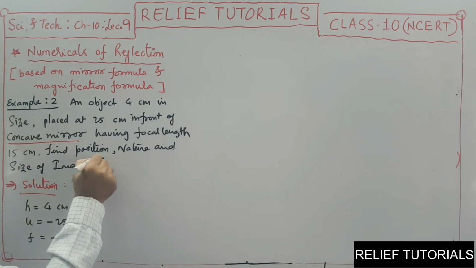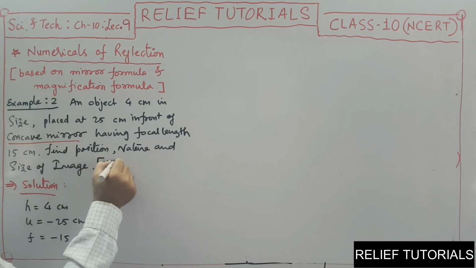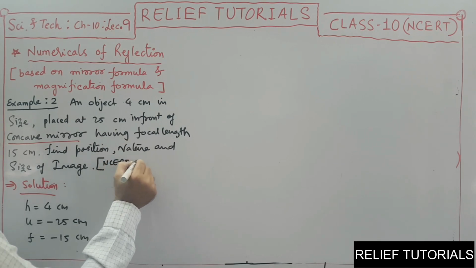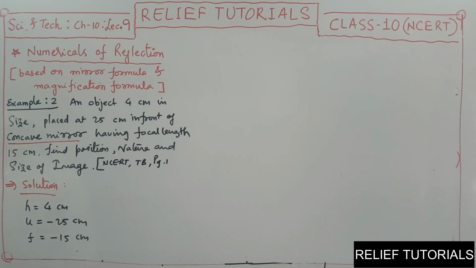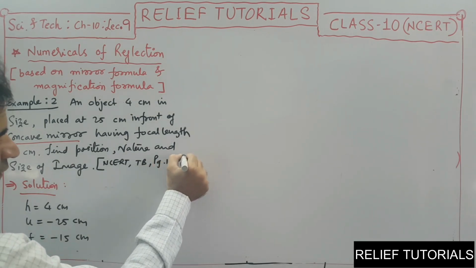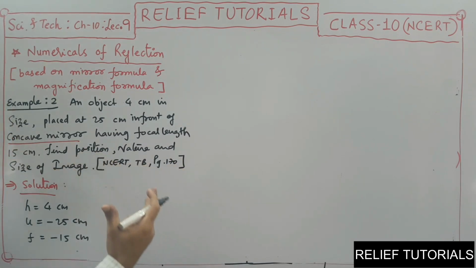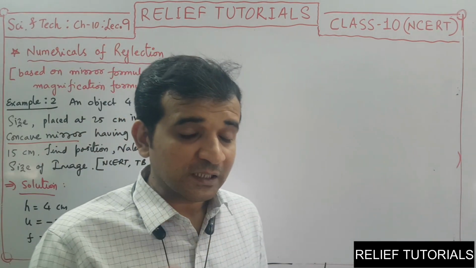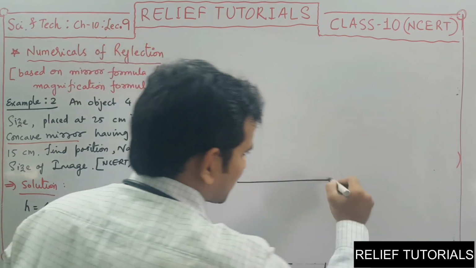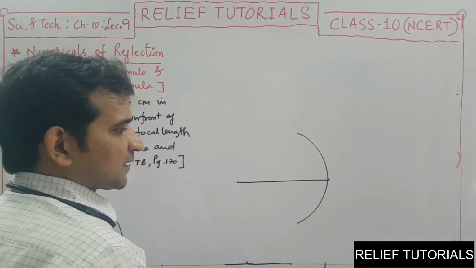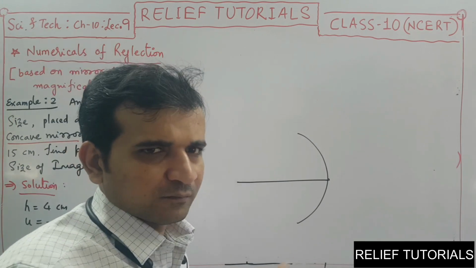See, this is a question from the NCERT textbook, page number 170. The whole question is: at what distance do we have to place the screen to obtain the sharp image? In the concave mirror, we know that the image is real in 5 cases.